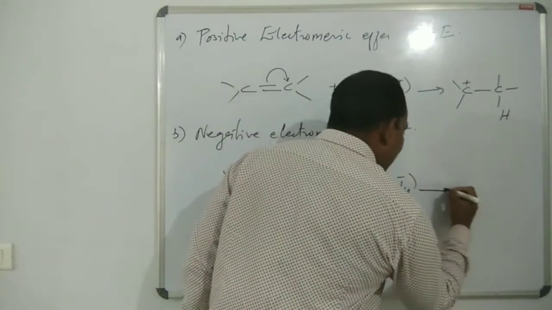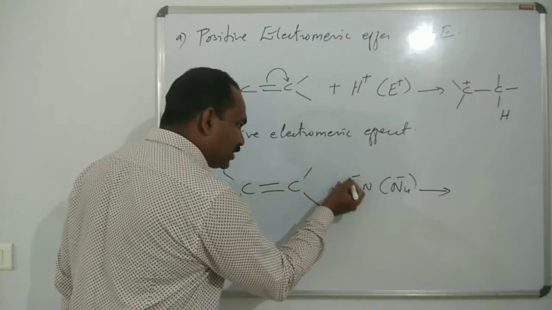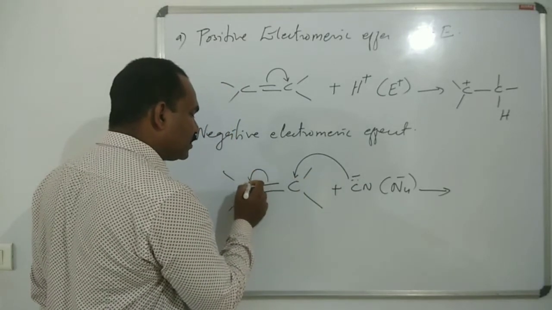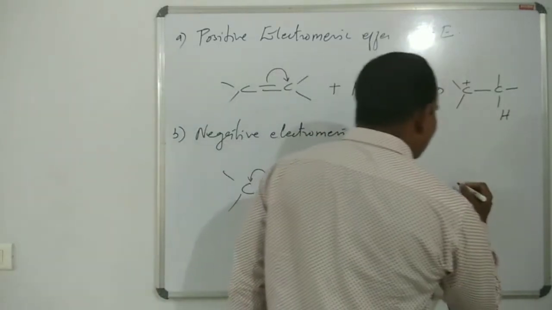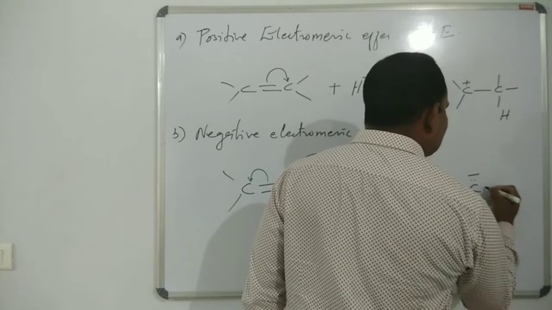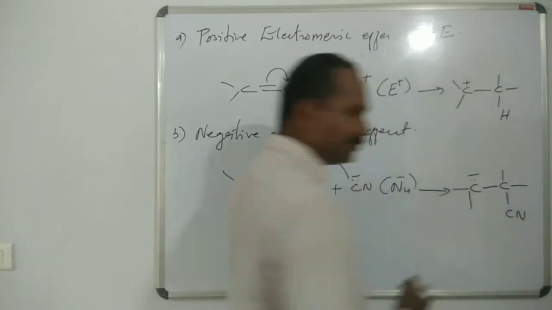And this electron rich center is attached to this carbon atom. So what happens? This pair is shifted to that carbon atom. So we have C with a negative charge, single bond, CN.